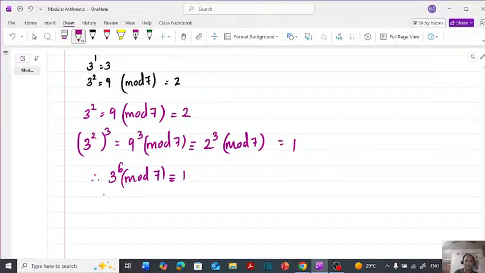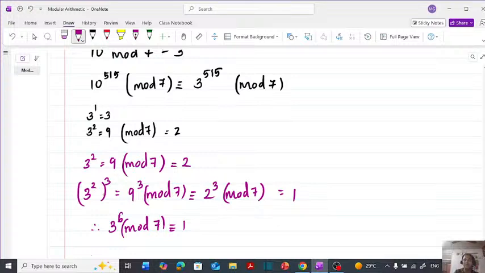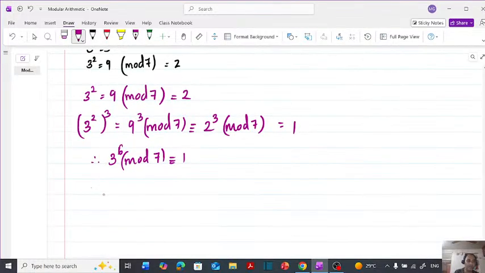Now we have deciphered a good number of things, so we check for 515 how it will work. So we will just do a small division with 6. So 515 divided by 6, you get 85.